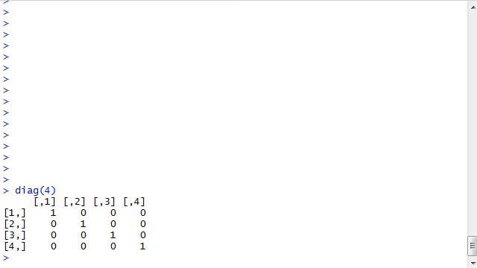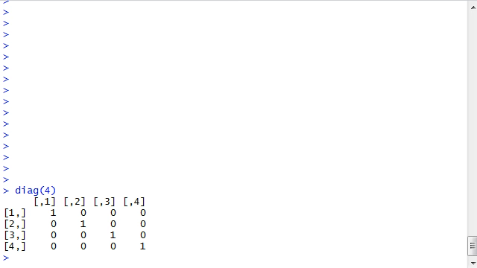Here is the same example. The swap matrix is also called an elementary matrix of type 1. And for notational purposes, I will denote this by E, which is for elementary matrix, followed by a 1, which tells us that it's a swap matrix or an elementary matrix of type 1.